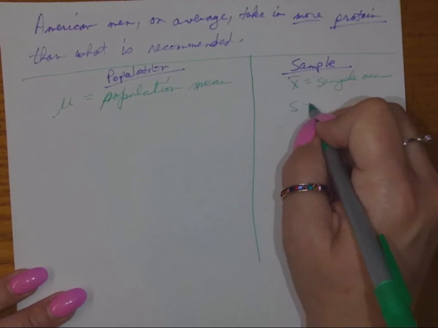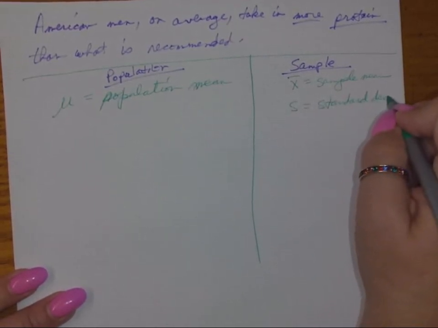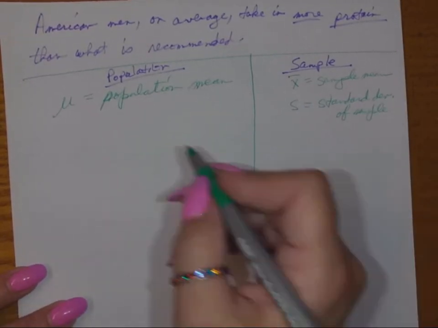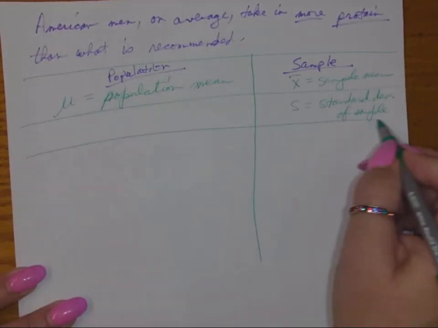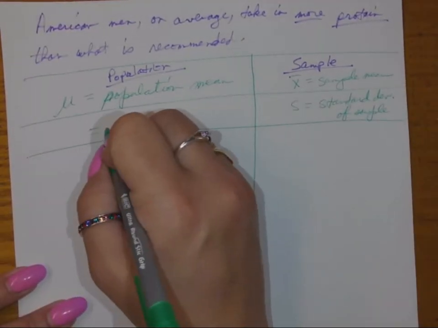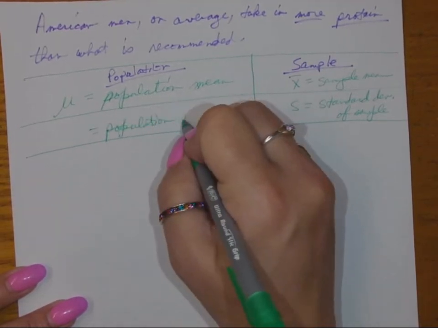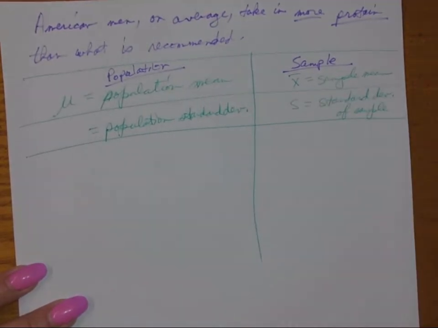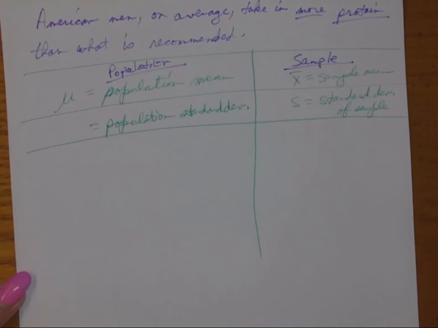Okay. Normally we would say s for standard deviation of the sample. But guess what? They have a different variable for standard deviation for the population. And it is also a Greek letter. So they use the lowercase sigma.